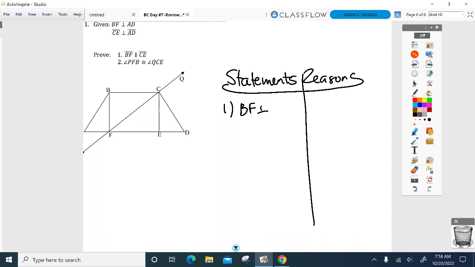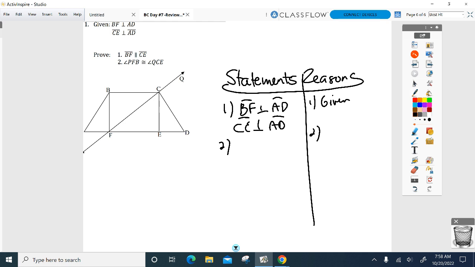This might be a challenging one even for the best proof masters in here. What do perpendicular lines do?